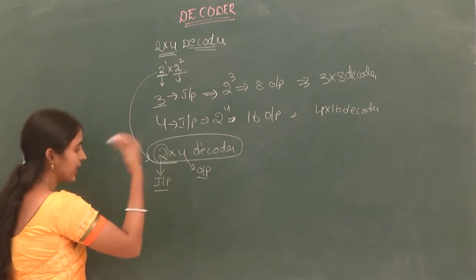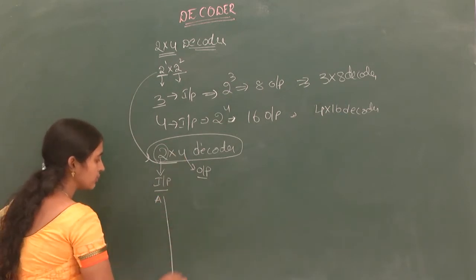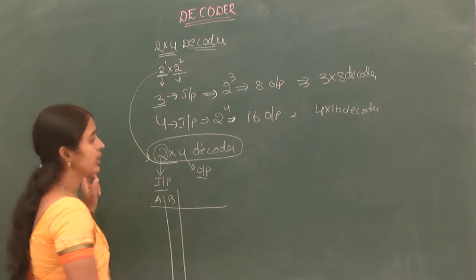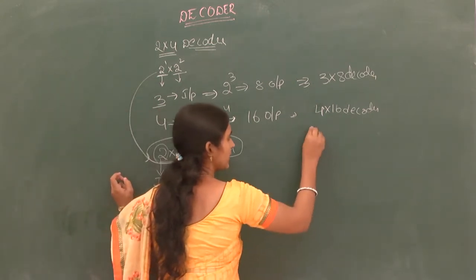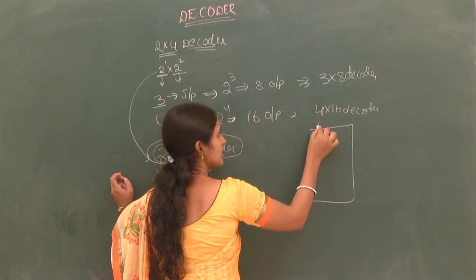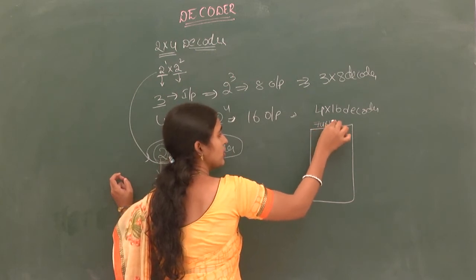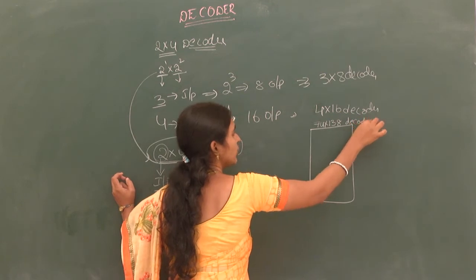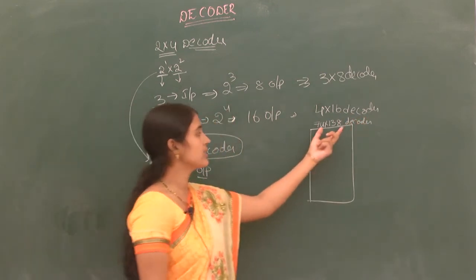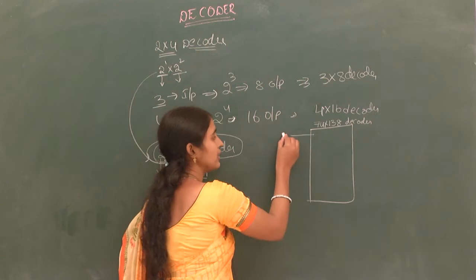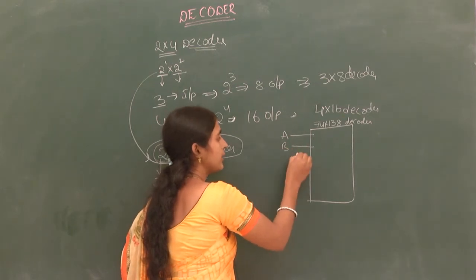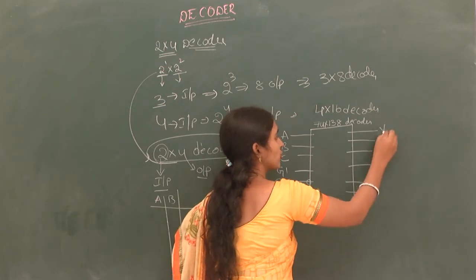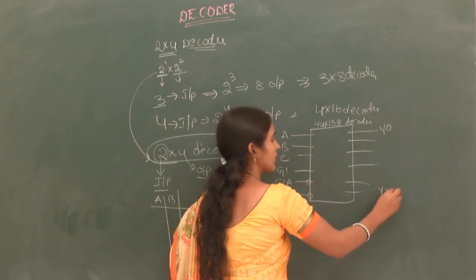Let us name the inputs A and B. Here the IC pin diagram is like this. Let us assume the 74138 decoder. It is a 3 to 8 decoder, which has 3 inputs A, B, C, and outputs Y0 to Y7.